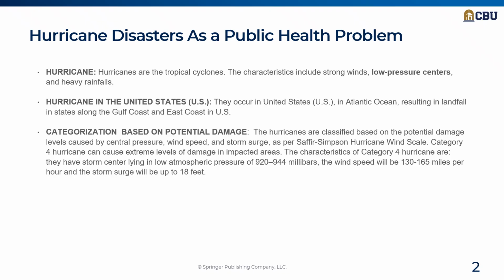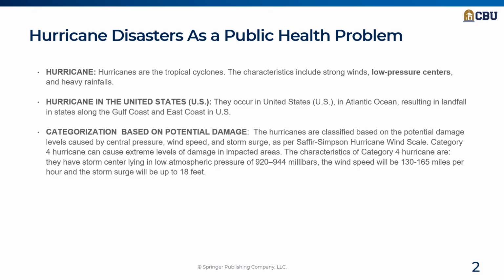Coastal exposure and population density help to amplify the risk of these storms to the population that lives there. Hurricanes are categorized based on their potential for damage, not just on wind alone.